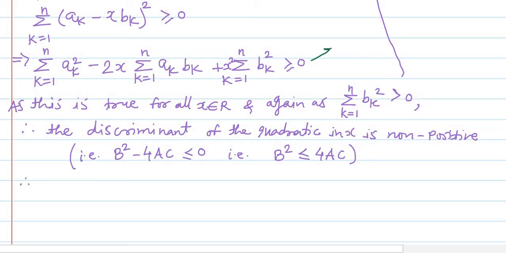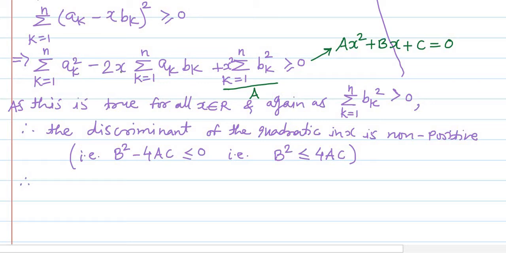If this is the quadratic equation ax square plus bx plus c equal to 0, then comparing this equation with this quadratic equation, here in this case we have the value of capital A as the summation over k equal to 1 to n small bk square. This is the value of capital A, as this is the coefficient of x square.